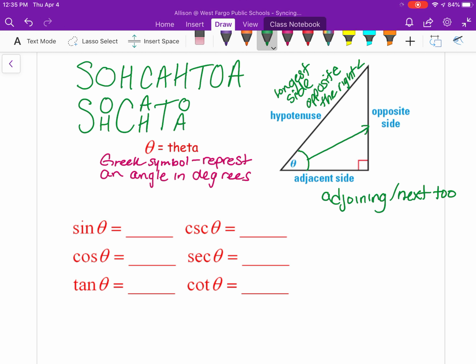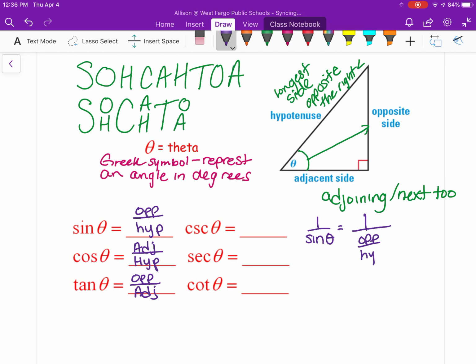So sine of theta, we use Sohcahtoa to help us remember, will be the opposite side over the hypotenuse. Cosine of theta will be the adjacent side over the hypotenuse. And tangent then is the opposite side over the adjacent side. Now remember, cosecant, CSC of theta, goes with 1 over the sine of theta, which would be 1 over opposite over hypotenuse.